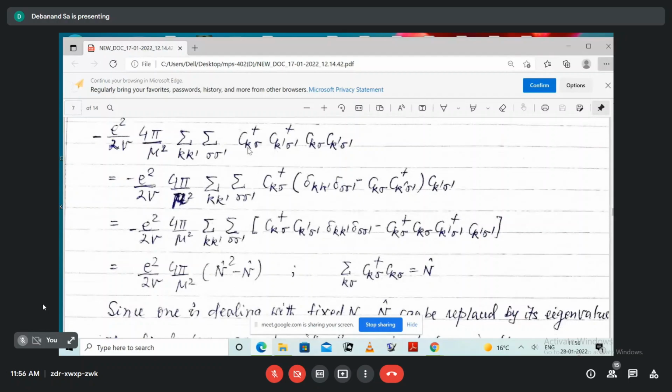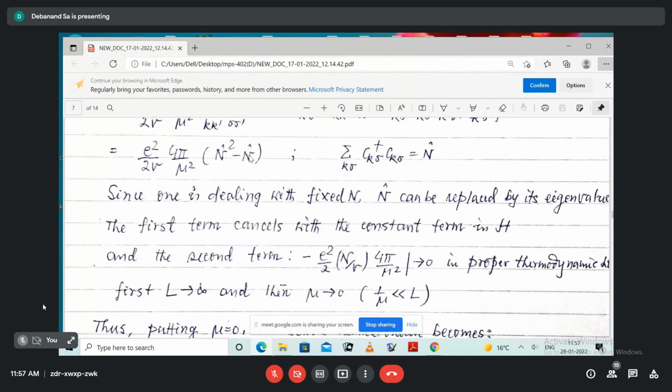So this will give you a term like this. And one is dealing with fixed n, which can be replaced by its eigenvalue. So your first term cancels with the constant term in h. This is going to cancel.